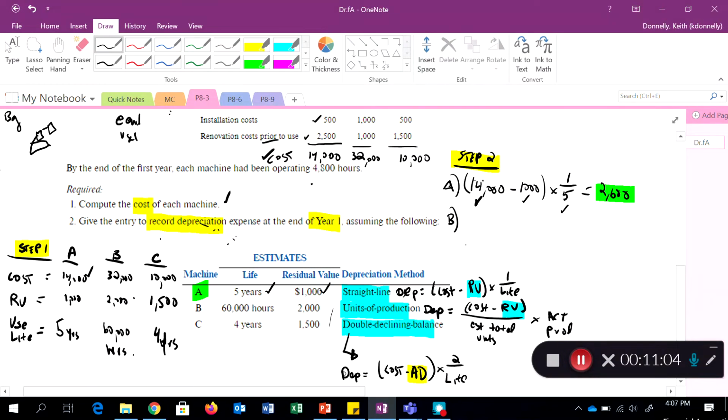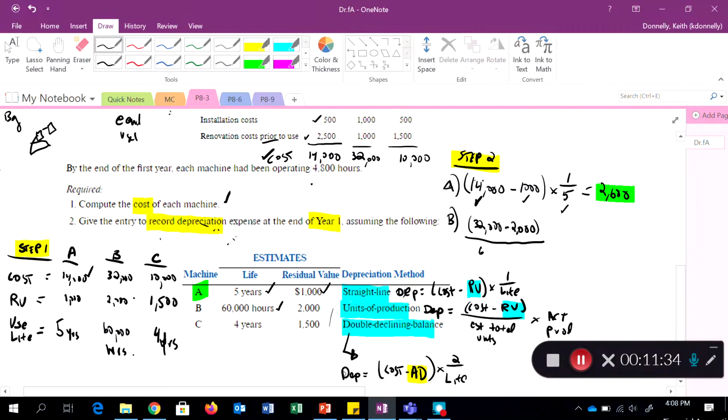So this one's, we're going to take our cost, which we know for asset B is 32,000, minus our residual value, which for asset B we know is 2,000. We're going to put that all over the estimated total units. So the facts here, they tell us we think this thing's going to last 60,000 hours.